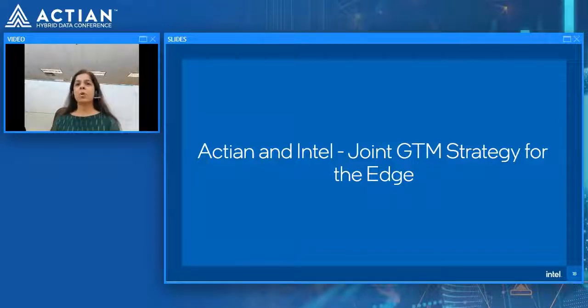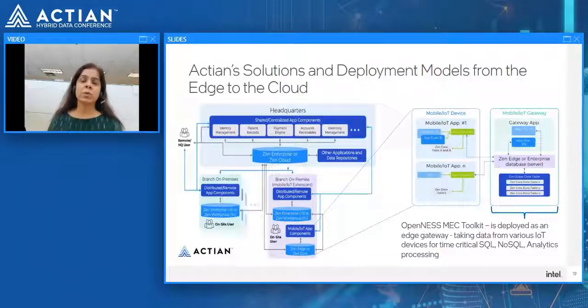So now let's understand what we did together, Actian and Intel, and how they are positioning themselves together for the edge. You all know Actian better than I do. It comes with a range of solutions starting from Zen Core to Edge to Enterprise to Zen Cloud. Since we were focused on the Edge, we picked up the Zen Edge and the Zen Core and positioned it with OpenNESS.